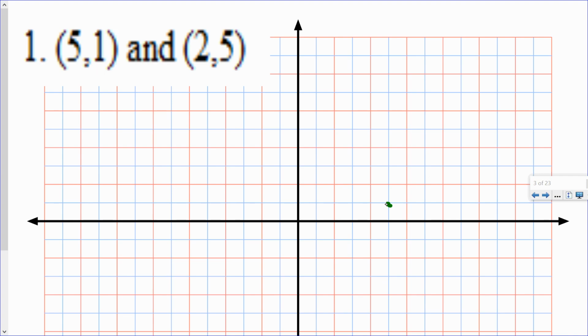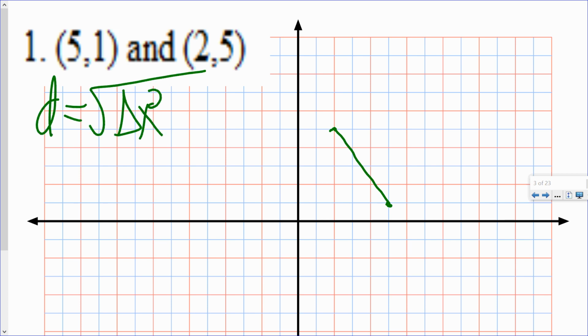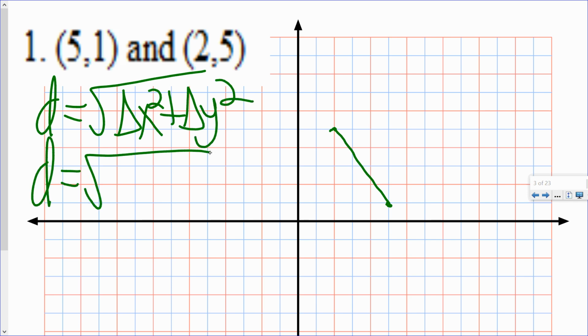5, 1, 2, 5. I want to find the distance between 2 points. Distance equals radical delta x squared plus delta y squared. So delta x means count. Basically we're counting from one point to the other. Delta x is how much the x value changes, which in this case is 3.